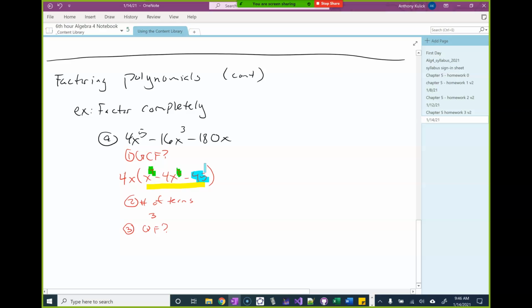After that, since we're in the quadratic form, we want to look at whether the leading coefficient is 1 or not. In this case, x to the 4th minus 4x squared minus 45, is the leading coefficient 1? Yes. Which tells us we can do the shortcut factoring.